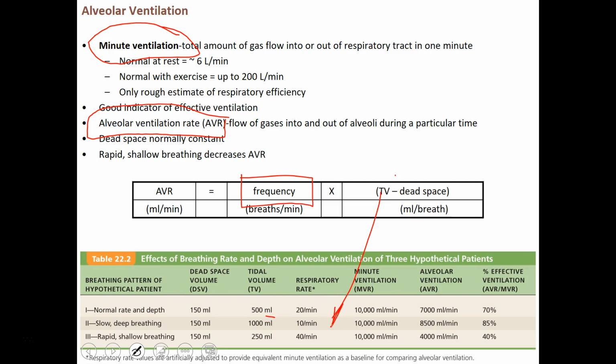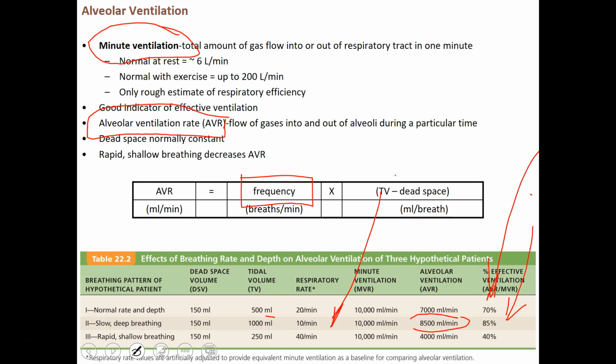The amount of air that reaches the alveoli are 850 mils with each breath. So effective alveolar ventilation is 8,500. And a ratio between the alveolar ventilation rate and minute ventilation rate is 85%, 15% more than at rest, normal ventilation.